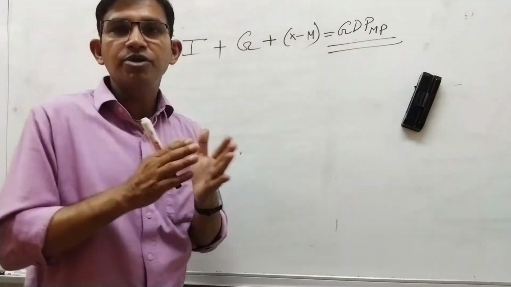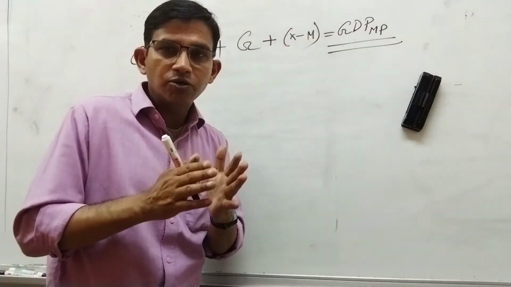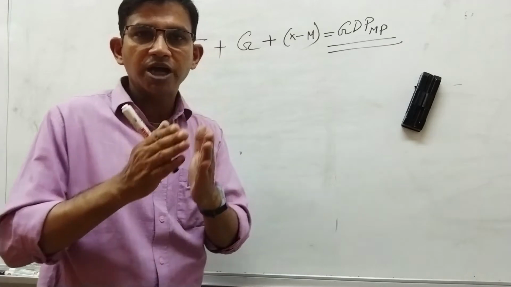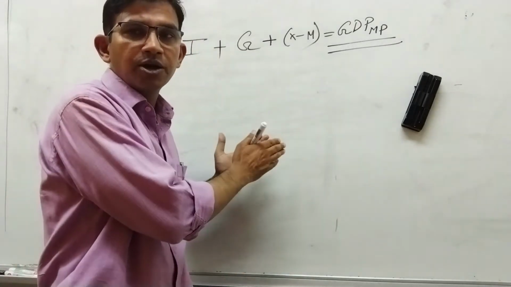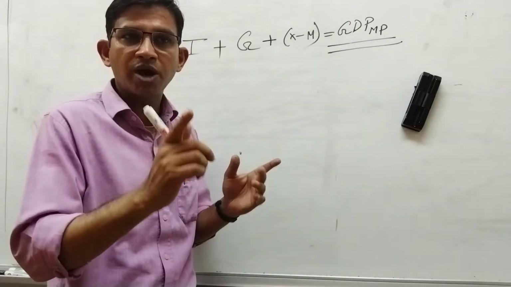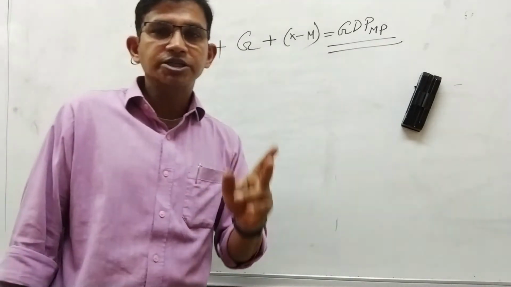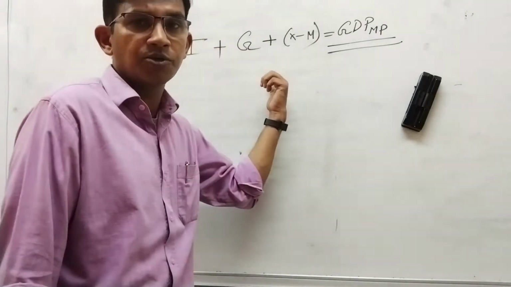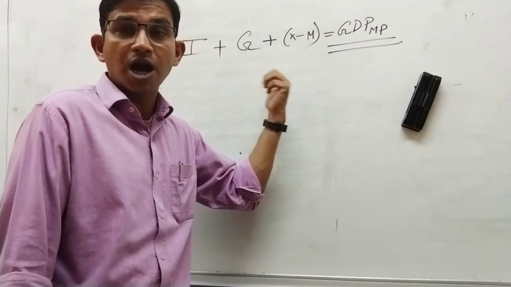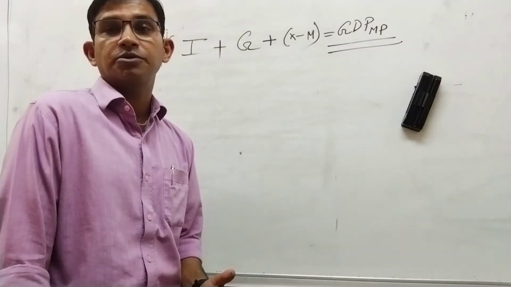One thing we have to remember is that all the domestically owned factors of production are not operating inside our domestic market. This is point number 1. And point number 2 is that all the factors of production operating inside our domestic market are not our domestically owned factors of production.